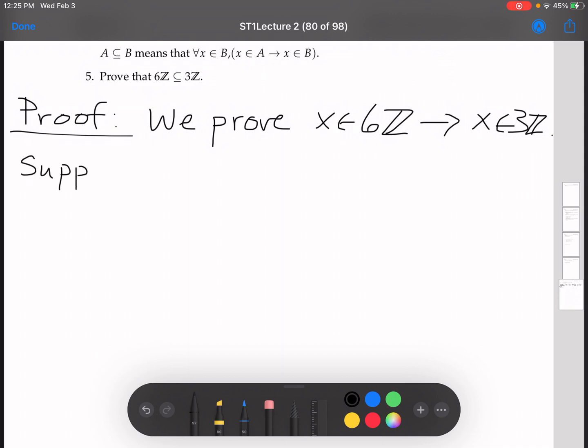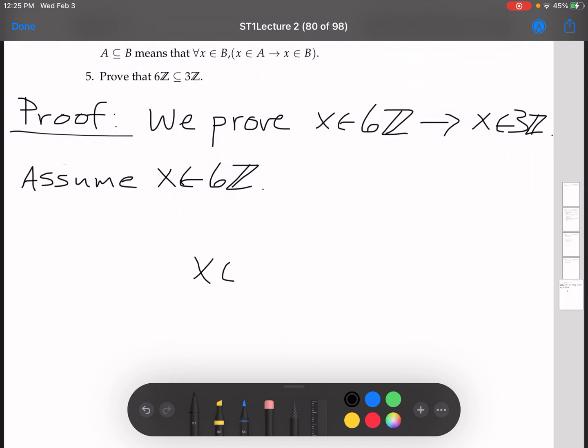So assume, I guess assume makes more sense. Assume x is in 6Z. Now remember why it makes sense for us to assume this. There's two possibilities, right?